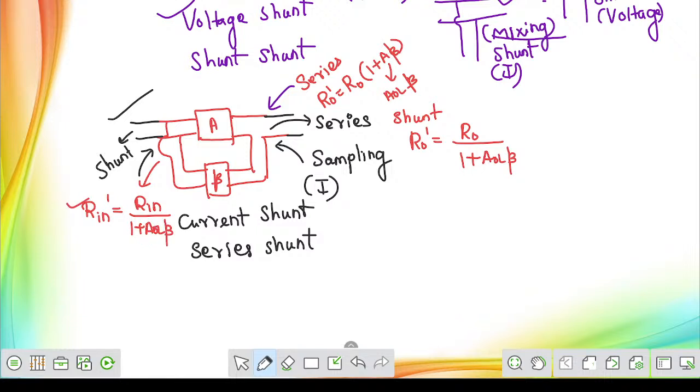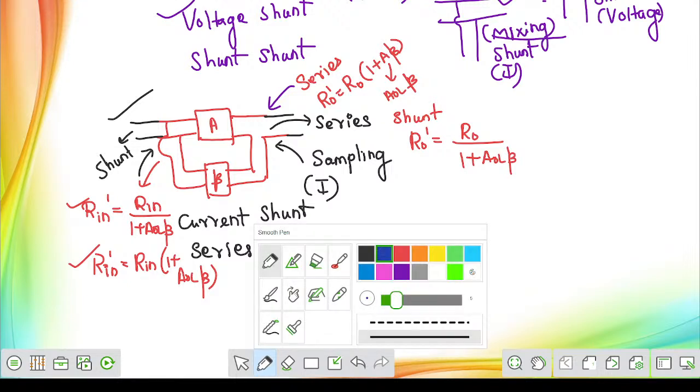Now the second thing is, we can also define the new input resistance for series topology: existing value into 1 plus open loop gain into beta. That's it. So these are the only two different formulas that we are using to know the value of resistance on the input side, and at the same time on the output side.